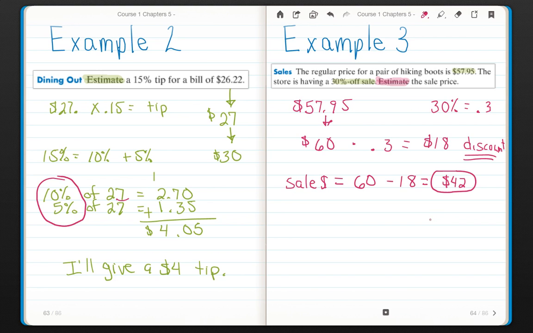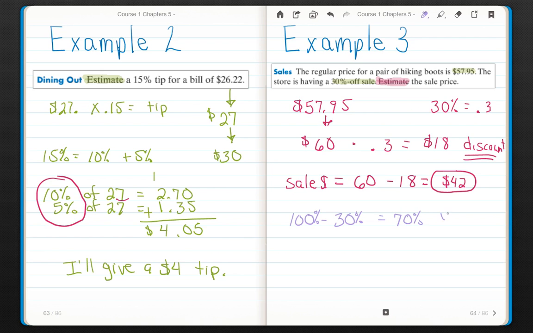Now, the other option is this. 100% of the price, which is about $60, minus the sale discount of 30% equals 70%.